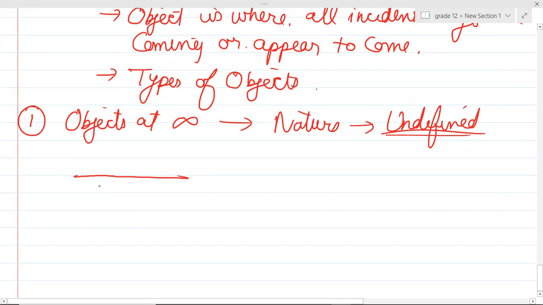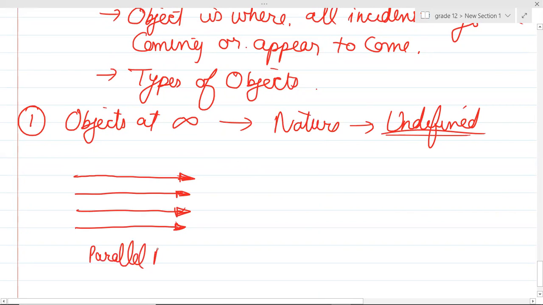When the rays are parallel to each other, can you see over here? Whenever there is a parallel beam of incident rays, how is an object formed if all the rays are parallel? There will be nothing formed, right? It will be formed, but at infinity. Suppose this is your optical device.